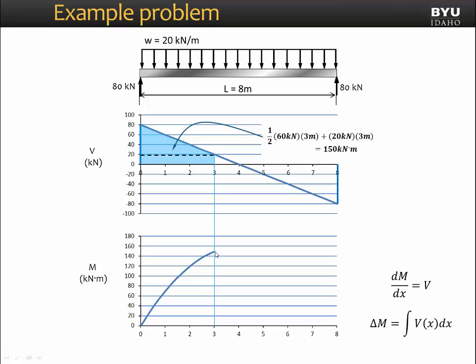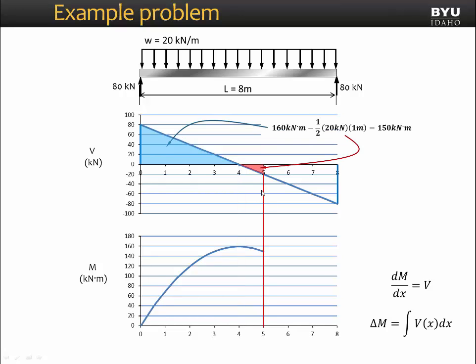At 3 meters, and then when we get to 4 meters, our slope we see on our shear diagram has gone to 0. And the value under the shear diagram is this triangle here in blue. Its area is 160 kilonewton meters. That is the peak point on our moment diagram.